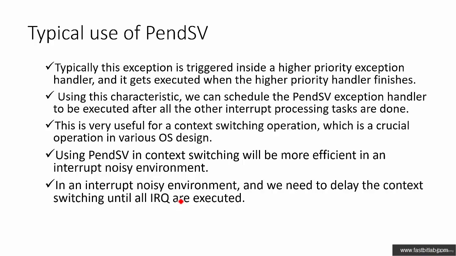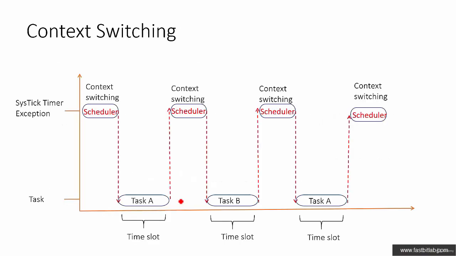In that case, we can use PendSV to carry out the context switching after all the IRQs are executed or finished. What exactly is a context switch? Context switch means saving the context of the old task and retrieving the context of the next task which needs to be scheduled on the processor.